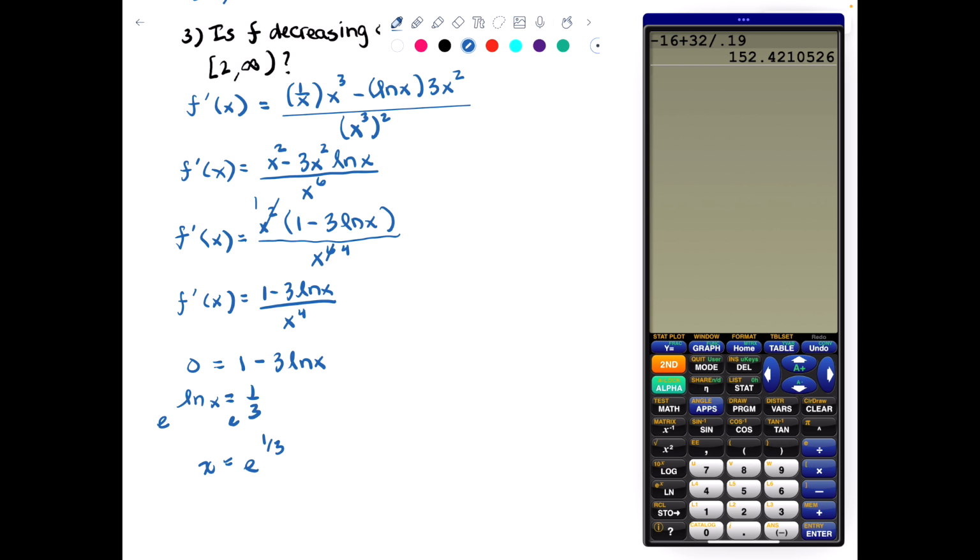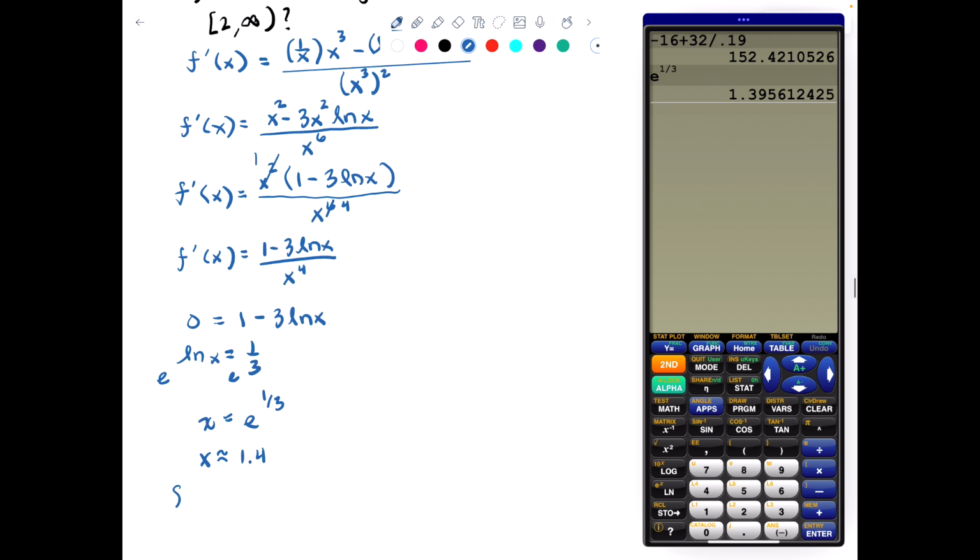So let's see what we have. e to the 1 divided by 3, enter, is approximately 1.4, and so f is, I'm just going to put an arrow down for decreasing on 2 inclusive, infinity non-inclusive.